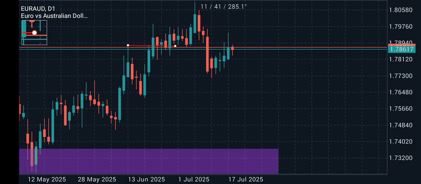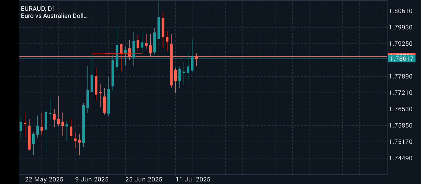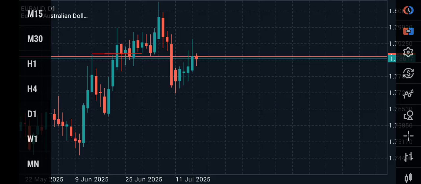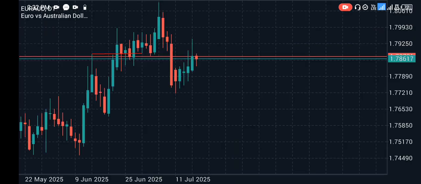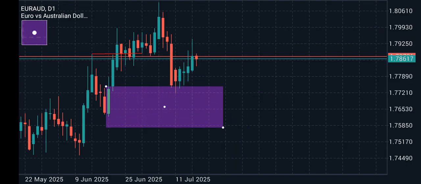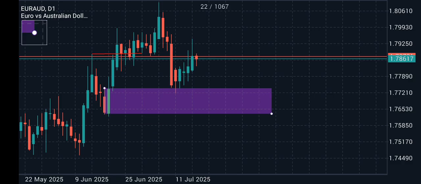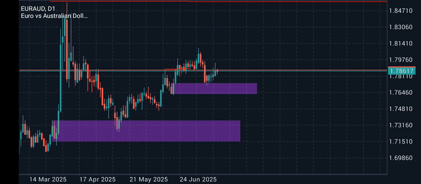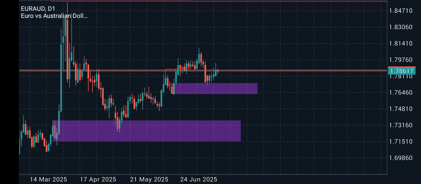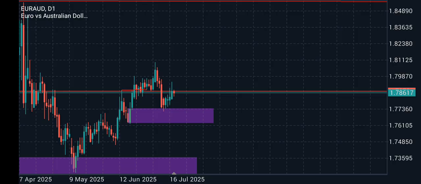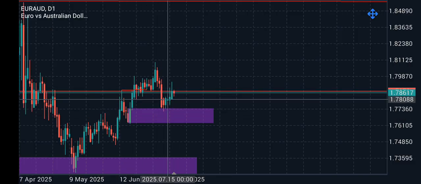The line may not be as perfect, but that's a break of structure, where price later came back to react from this order block, and we can see that price is clearly respecting this daily order block.